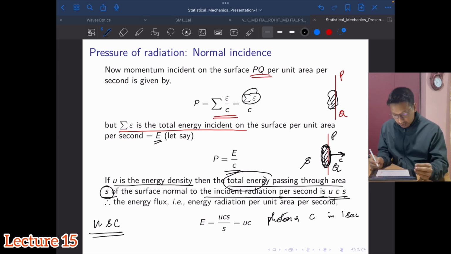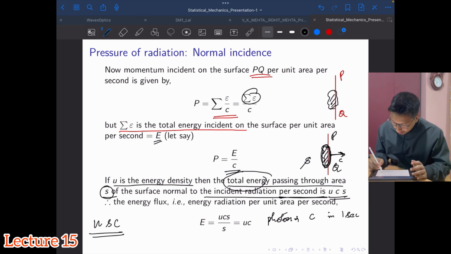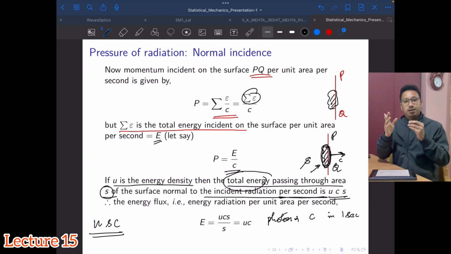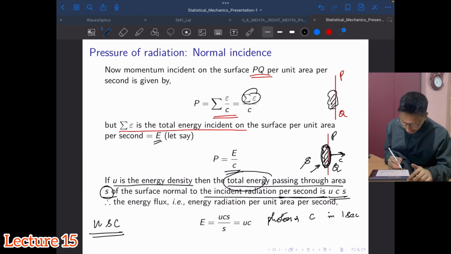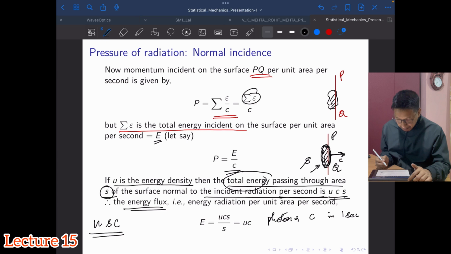U is the energy density, C is the velocity of the photon, or light, and S is the surface area through which we are considering that light beams are passing. Okay, so the energy flux is the energy radiation per unit area per second.